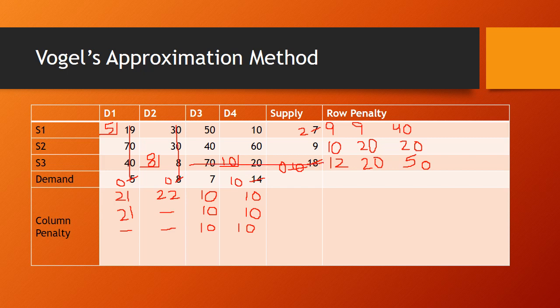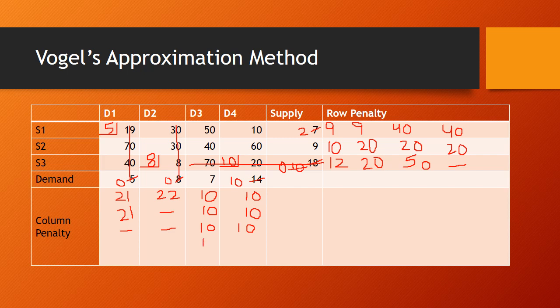Now again writing the penalties. This is still 40 because this is unaltered. This is 20. This row has been met, so nothing here. Here let's see something change.